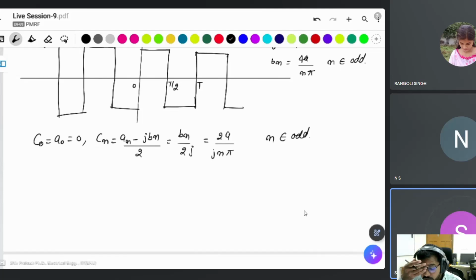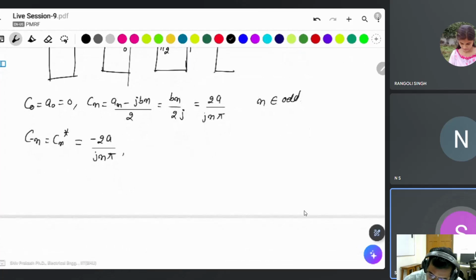These are two representations, Cn and C of minus n. So C of minus n is equal to the Cn complex conjugate. This will be 2A divided by j n pi. Okay. Then how can we find the magnitude? Magnitude of Cn is equal to 2A by n pi, and angle of Cn is equal to minus pi by 2.